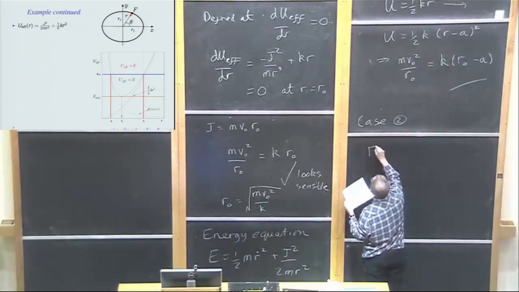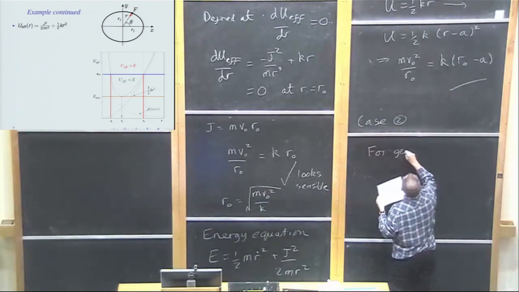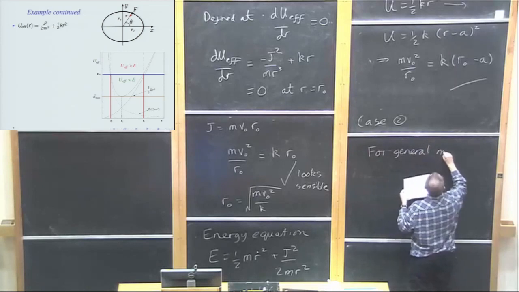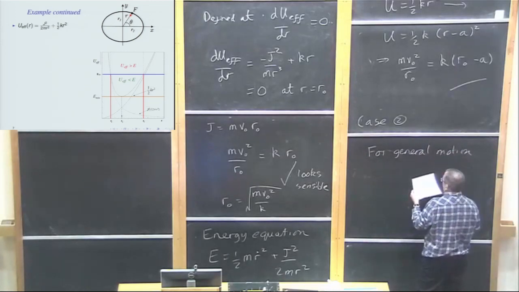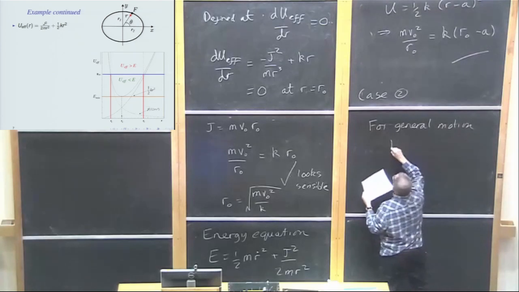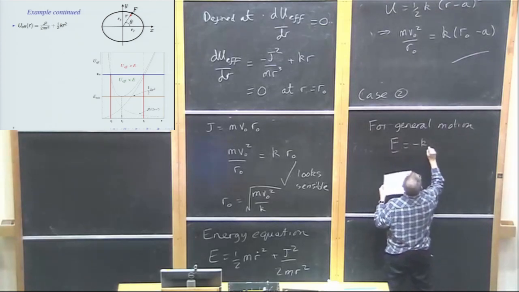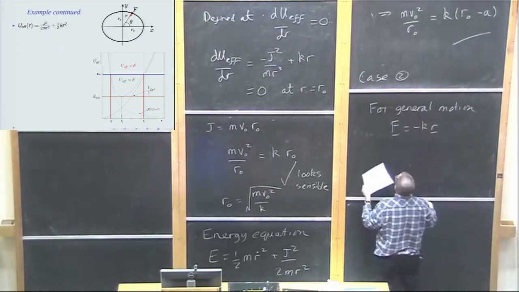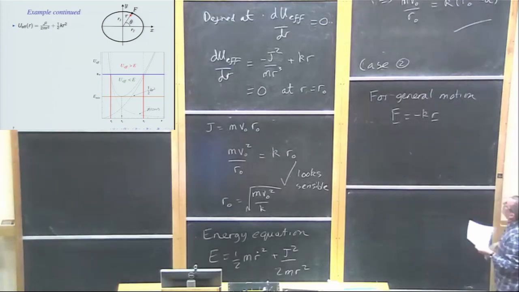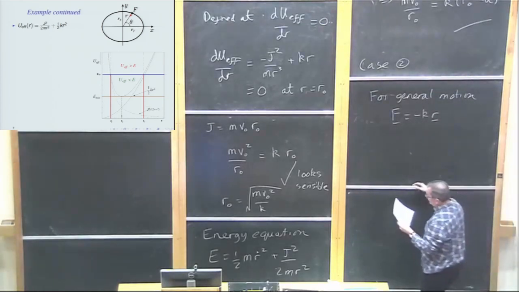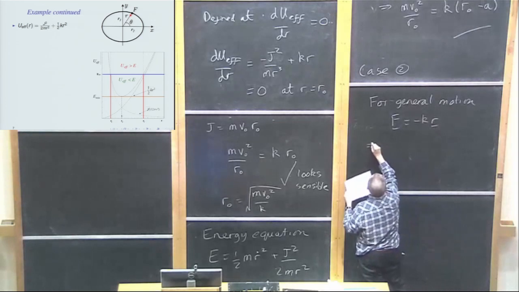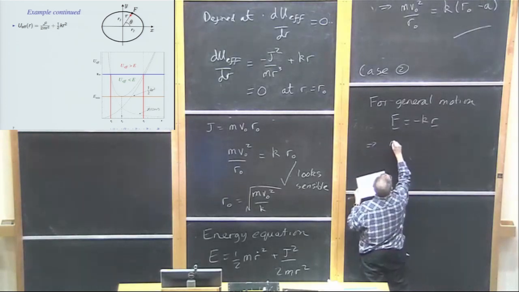So for the general motion, we had that F equals minus k r. If we turn these into two equations of motion, this is just a brute force old-fashioned analysis.